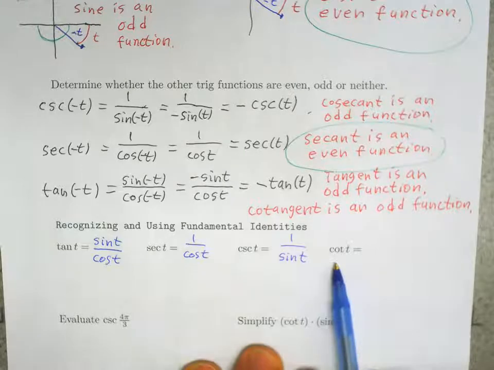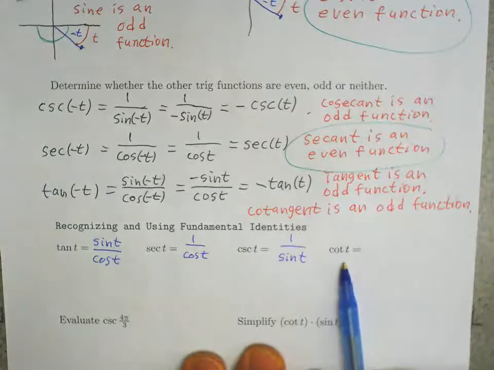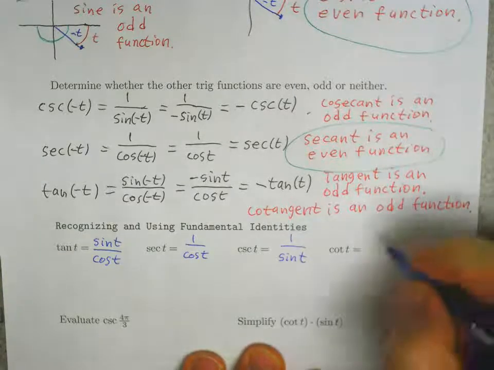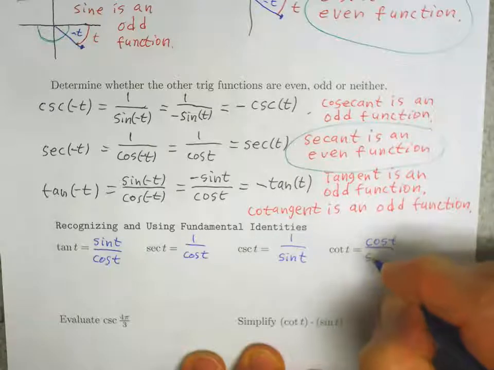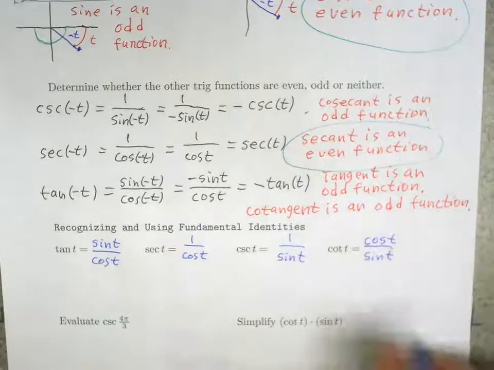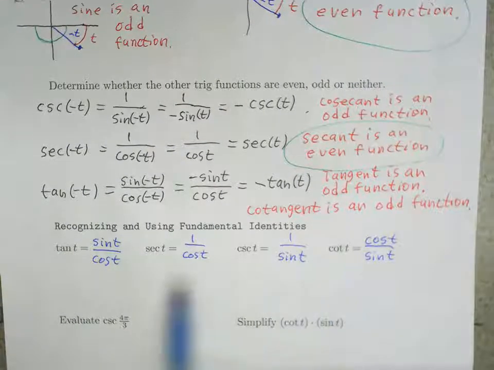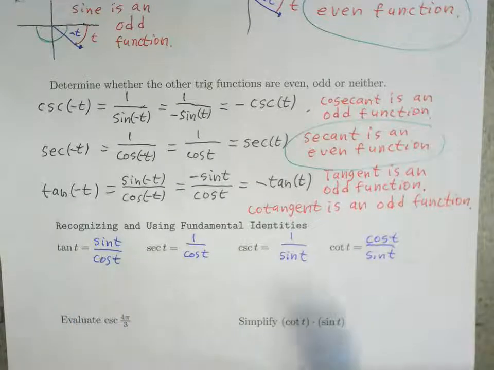And cotangent of t is 1 over the tangent of t, but we can also write cotangent of t is equal to the cosine of t over sine of t. Since cotangent of t is the reciprocal of tangent of t, we just write down the reciprocal of sine of t over cosine of t.